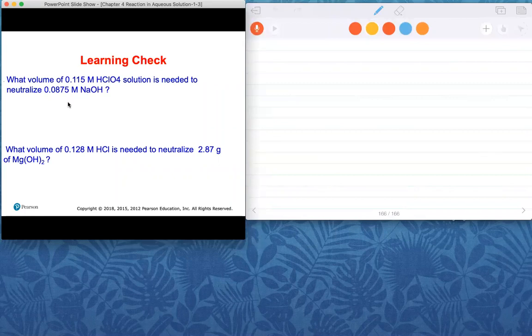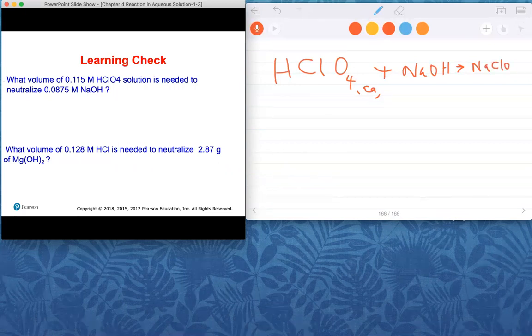In other words, this is the equation: HClO4 aqueous reacting with NaOH. This will always form a salt, ClO4 plus H2O.